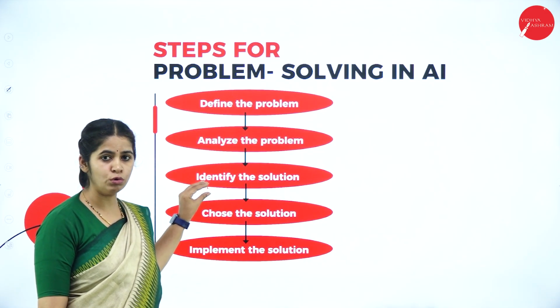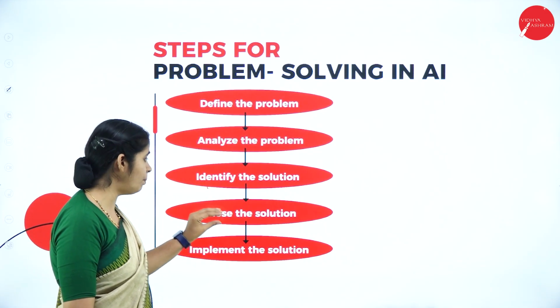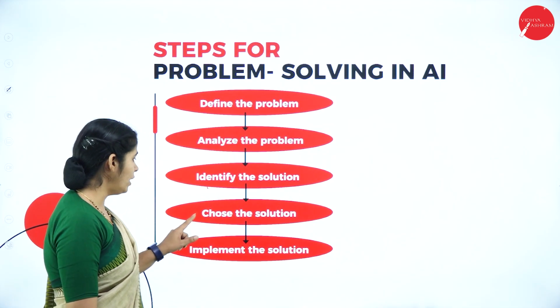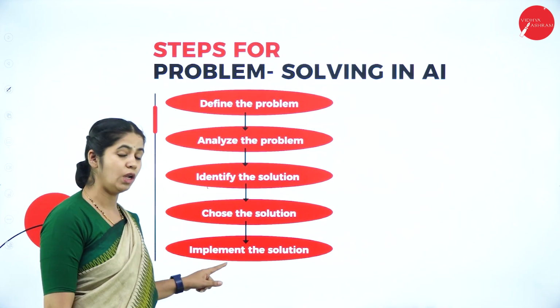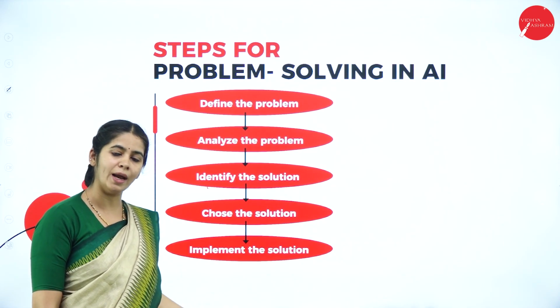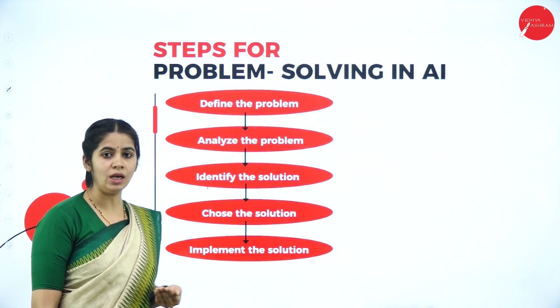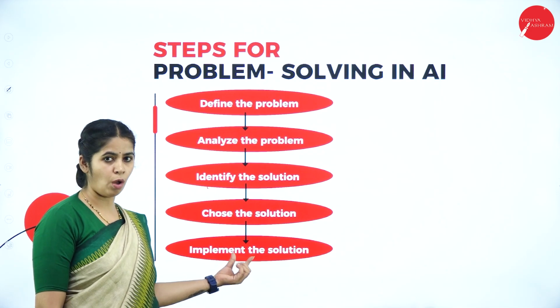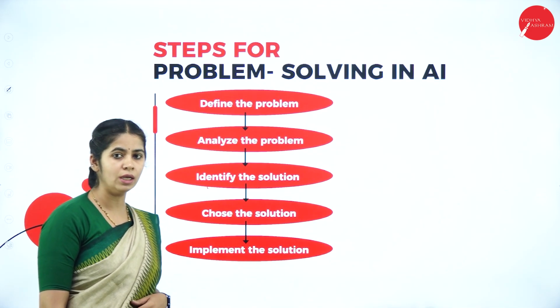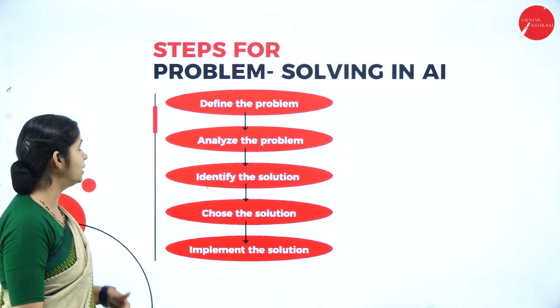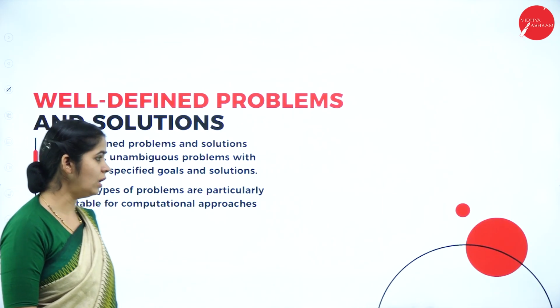There are multiple solutions for a single problem. Out of these possible solutions, choose the best one, and after choosing it, you need to implement that solution to reach the goal of the problem, or to find the solution for the given problem. These are all the steps we have in solving the problem.